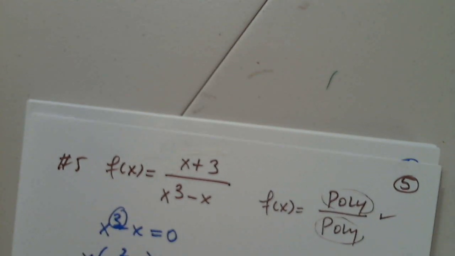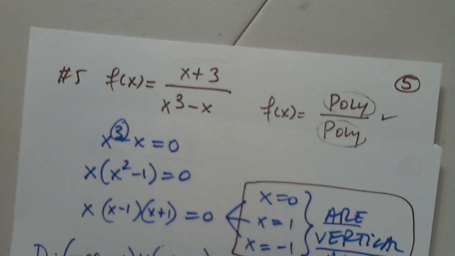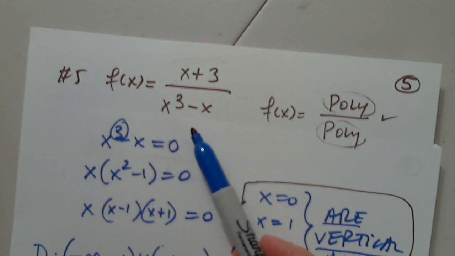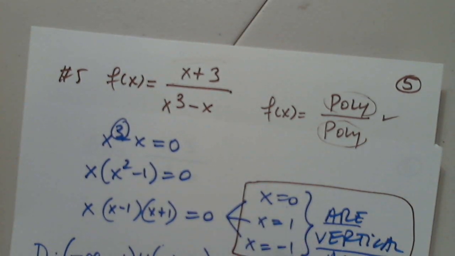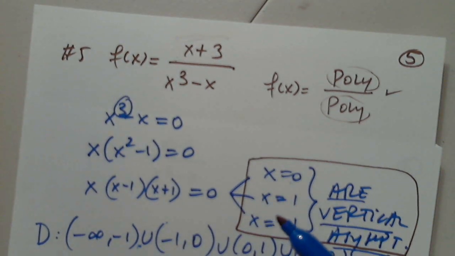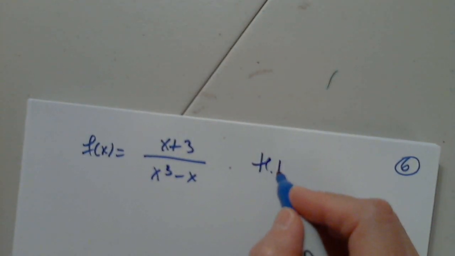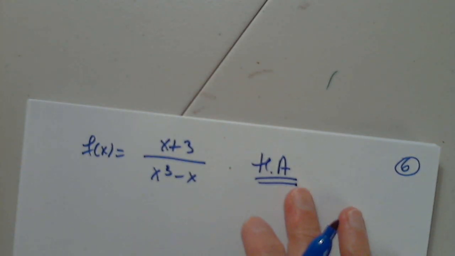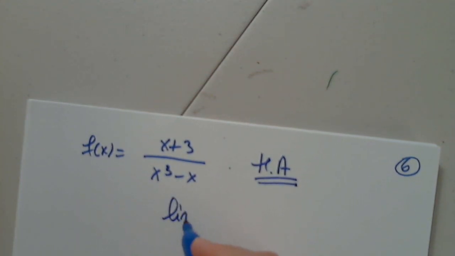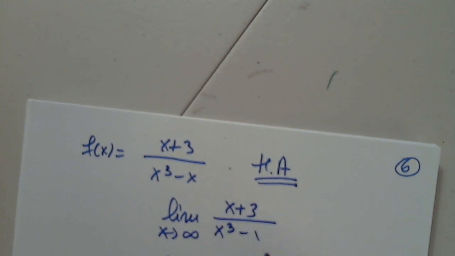So understand one thing. Vertical asymptotes come from the values where the function is undefined unless the factor disappears. Now, horizontal asymptotes are determined by simplifying the limit as x approaches infinity and the limit as x approaches negative infinity of x plus 3 over x cubed minus x.